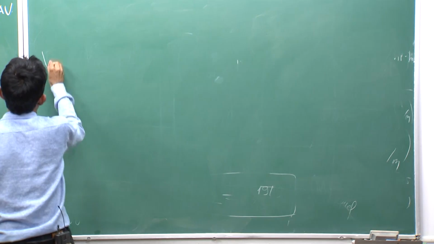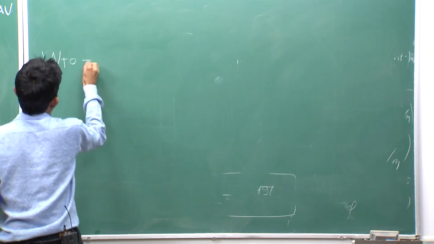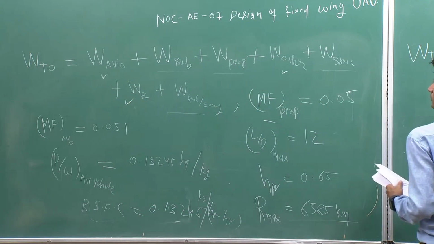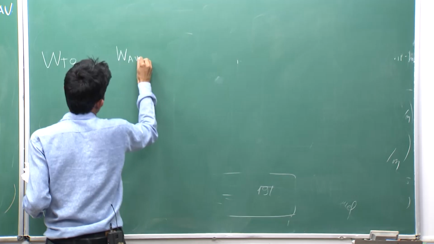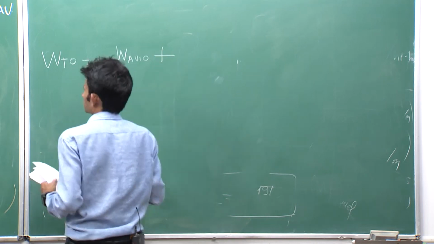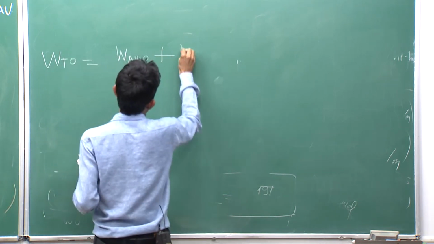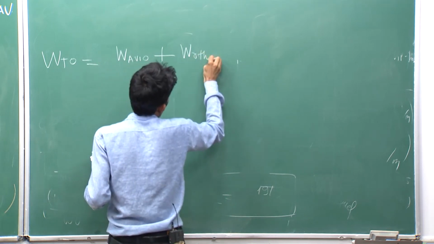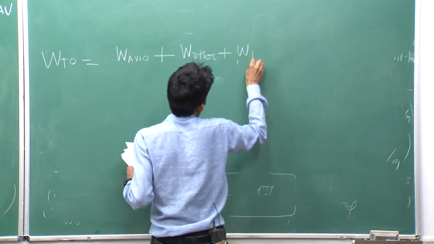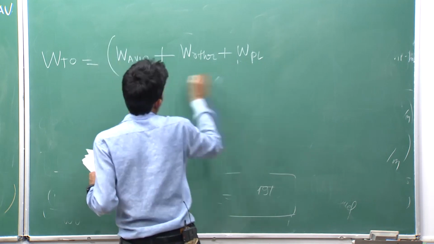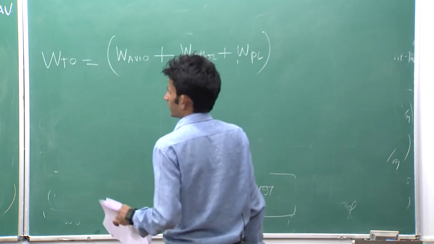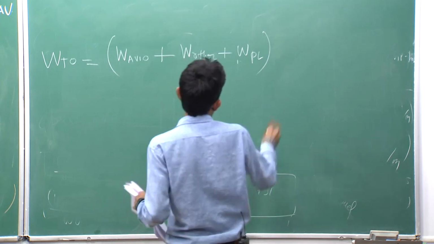You can write W takeoff: first write these 3 which are given, W avionics plus W others plus W payload, separately, and next is W subsystem.